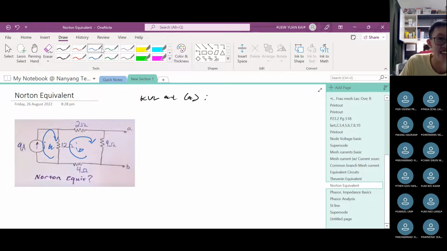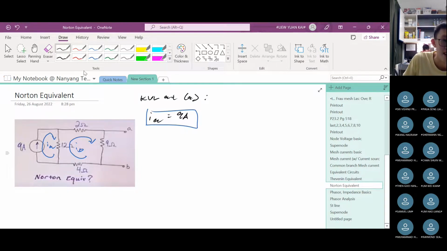IA is at the same mesh as the current source, right? So that means IA is equal to 9 amperes. IA is this mesh current, and in this mesh we happen to have the current source. So that means IA has to be 9 amperes. My bad.